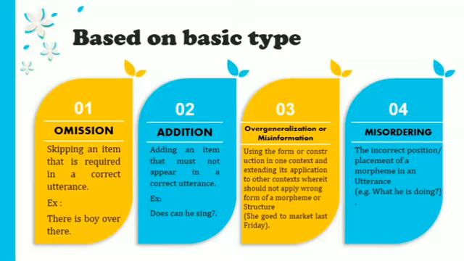For example, "She code to market last Friday." The word "code" should be "goes." The fourth, misordering, the incorrect position or placement of a morpheme in an utterance. For example, "What he is doing."